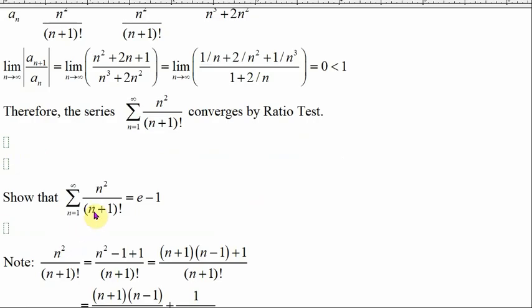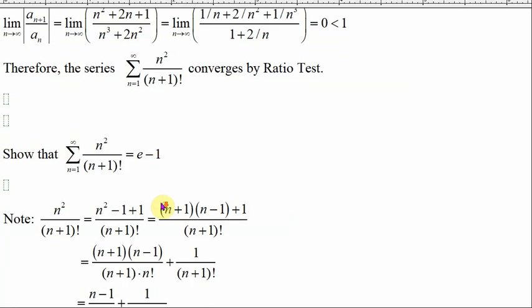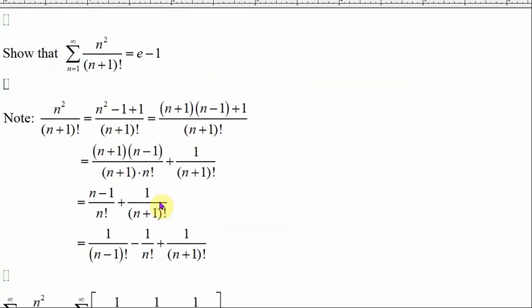And now let's show that the series with n squared over (n plus 1) factorial converges to e minus 1. Notice that n squared over (n plus 1) factorial, we can rewrite this as n squared minus 1 plus 1. And then n squared minus 1 is (n plus 1) times (n minus 1).